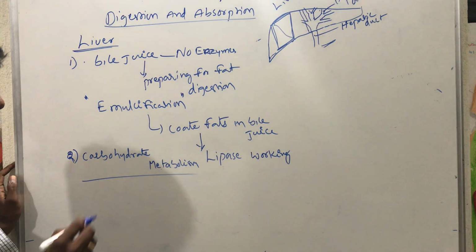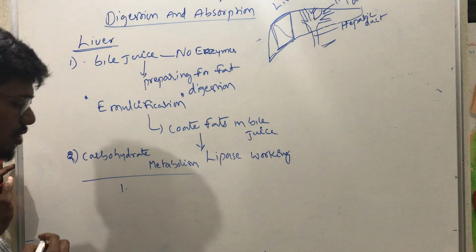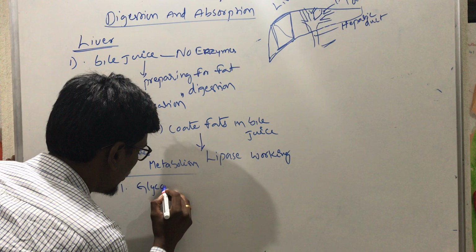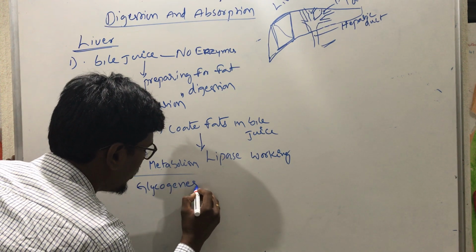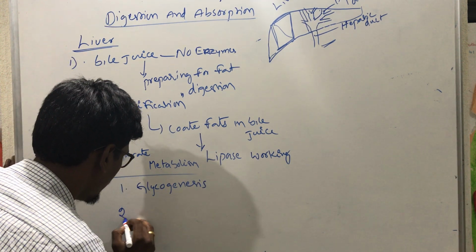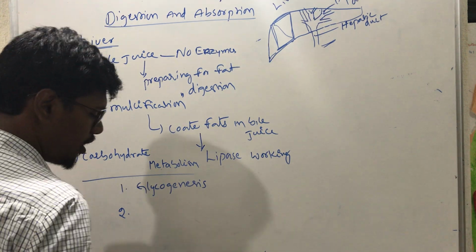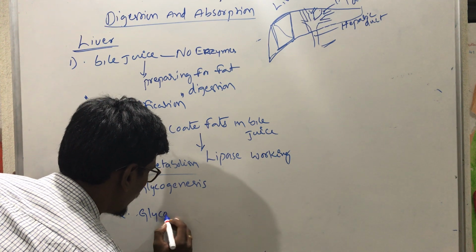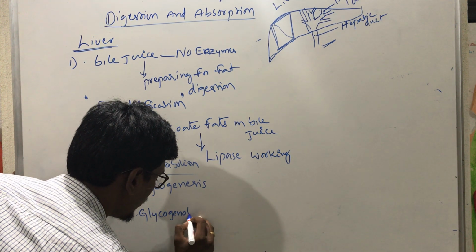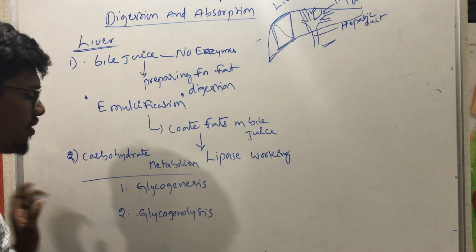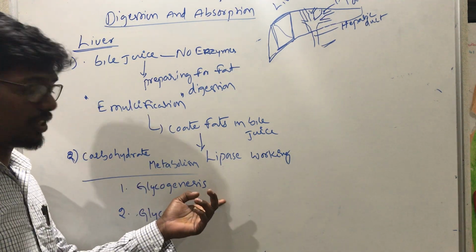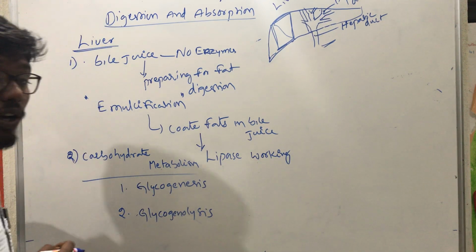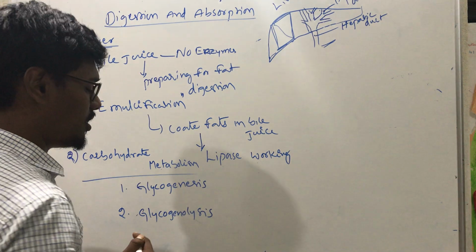The first is glycogenesis, the second is glycogenolysis, and the third is gluconeogenesis.